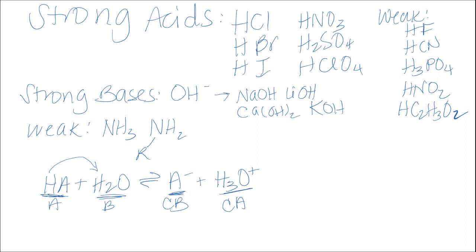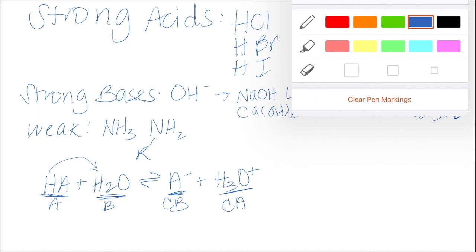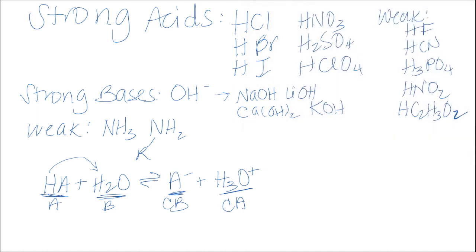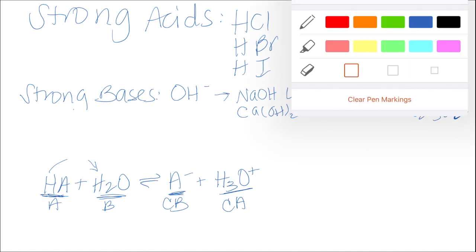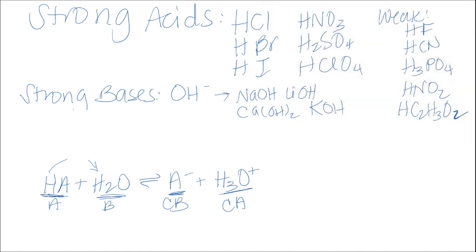Alternatively, if you had a basic reaction, let me just erase this quick. I'll make space here. So if you had a base, like we were just saying, say you had an amine. Okay, so since this is a base, he accepts. The water would donate because that's how he works.